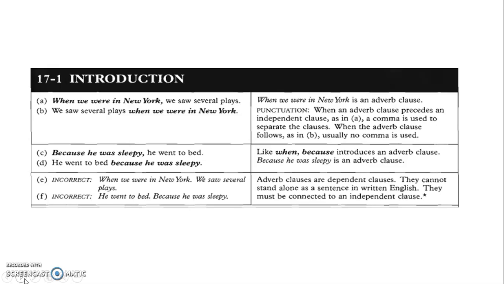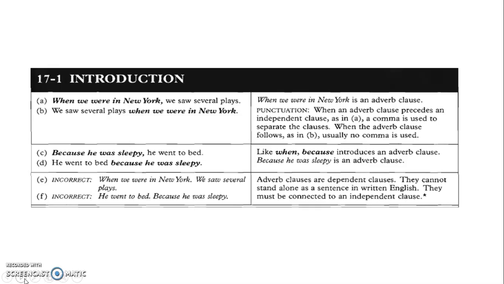So this is the independent clause. A comma is used to separate the clauses. When the adverb clause follows, as in B, usually no comma is used. So what is the adverb clause? When we were in New York.